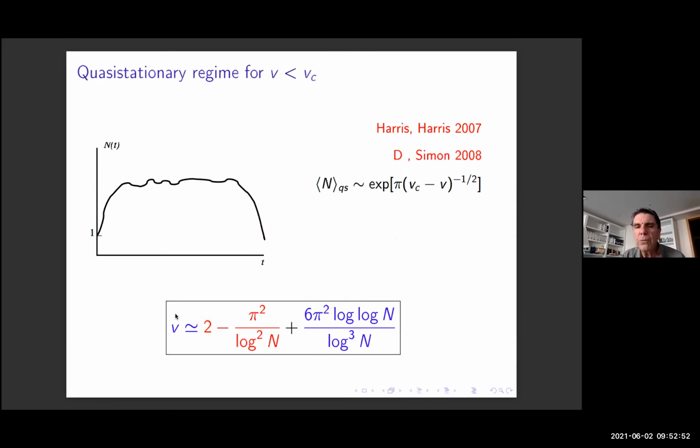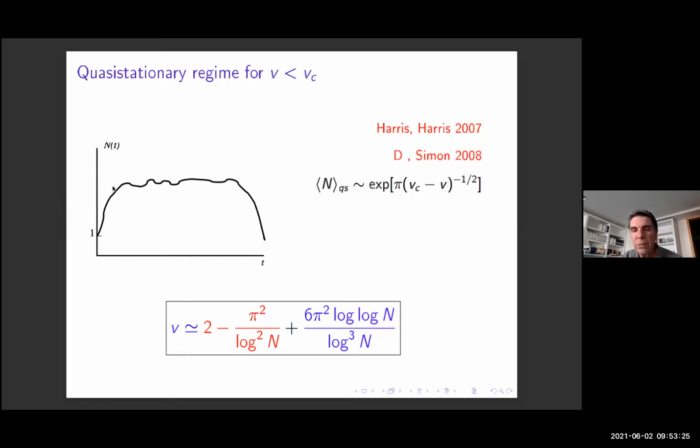And now you ask the following question: you condition on the fact that the total number of particles is 1 at time 0, and that at time t, it is again 1. What happens is that the size of the population grows for a while, and then essentially fluctuates around a certain value, which we call the quasi-stationary number of particles.